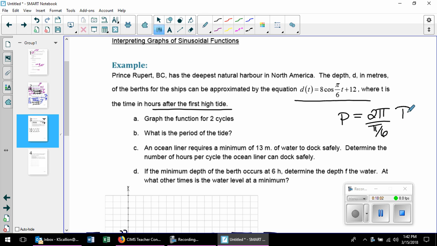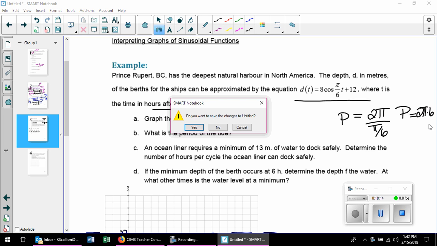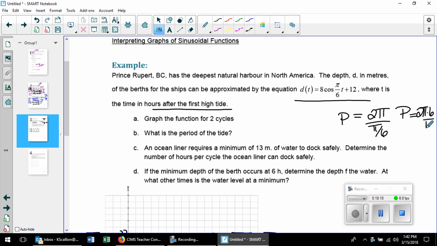So the period is, what is it? 2 pi times 6 over. So what's the period? 12. 12 what? Nope. Hours. Because the period is our x, but in this equation it's t, and it says t is the time in hours. That makes sense.